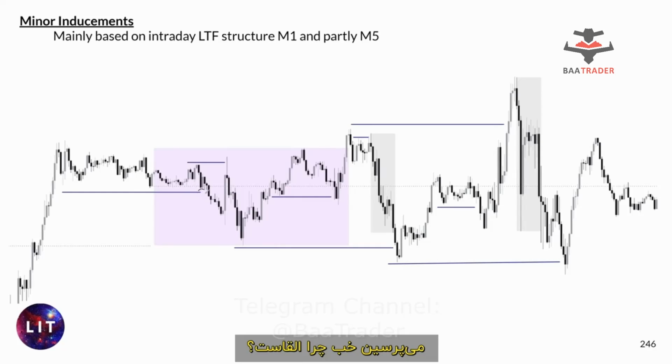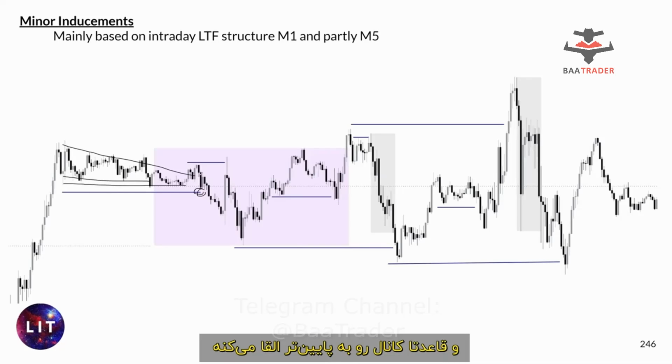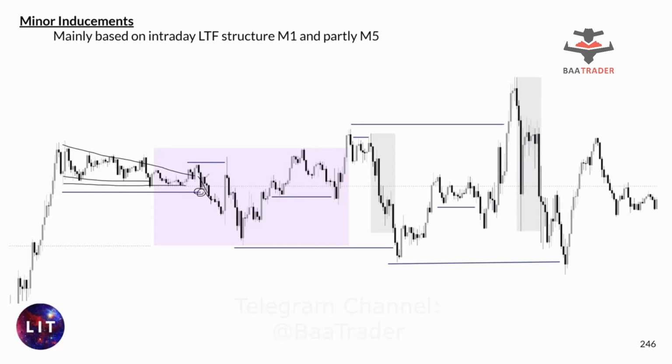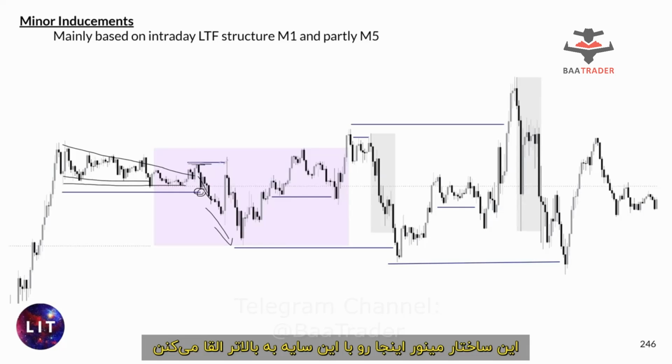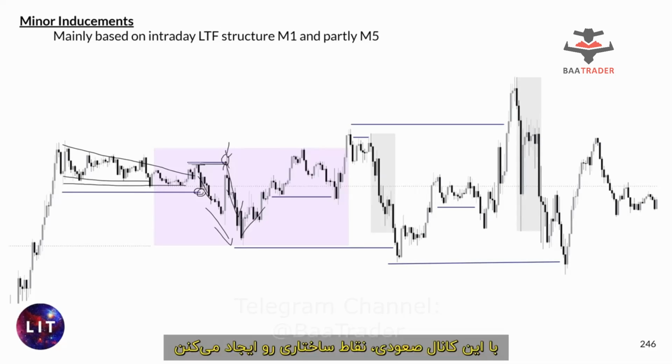So why is this an inducement, you ask? Guess what? There's the liquidity buildup, slowly channeling short side and inducing this lower. But before they continue lower, they're inducing this minor structure in here with even this wick higher to go lower. Guess what? Is the channeling upwards, they're creating this structure point, inducing that one lower to go even higher.